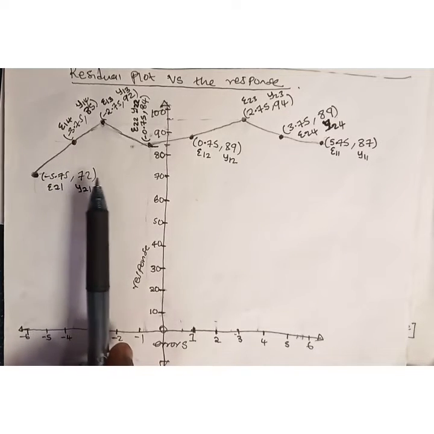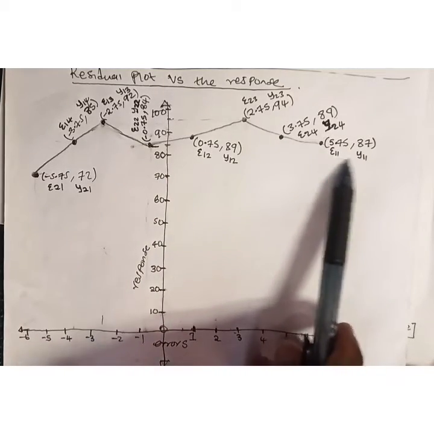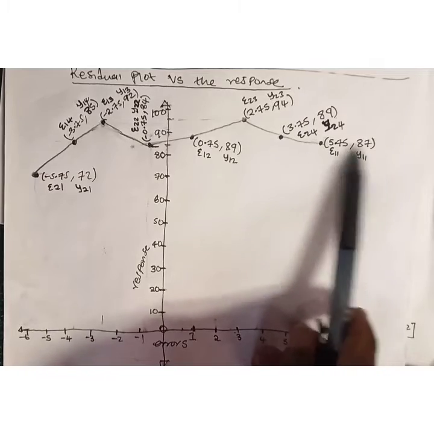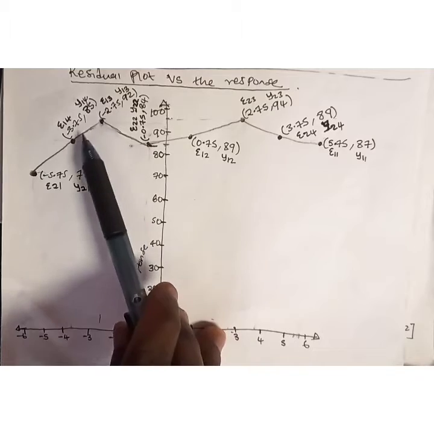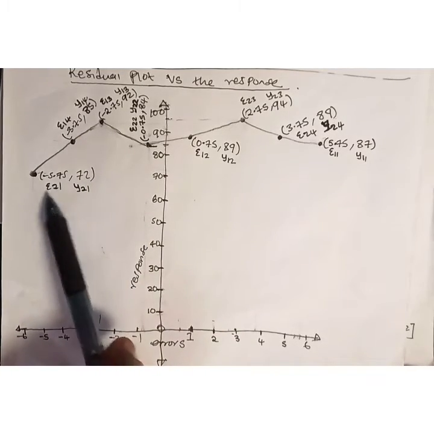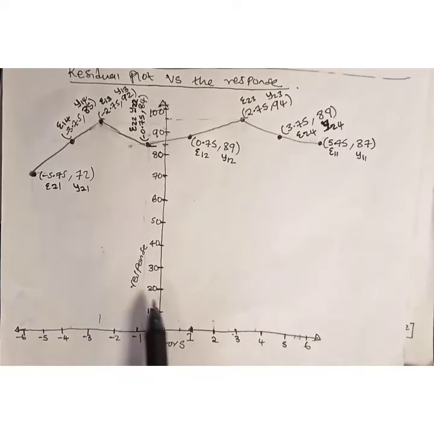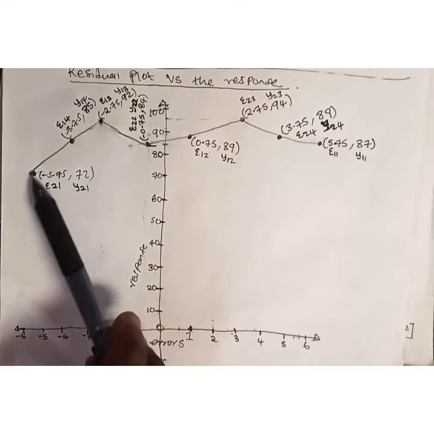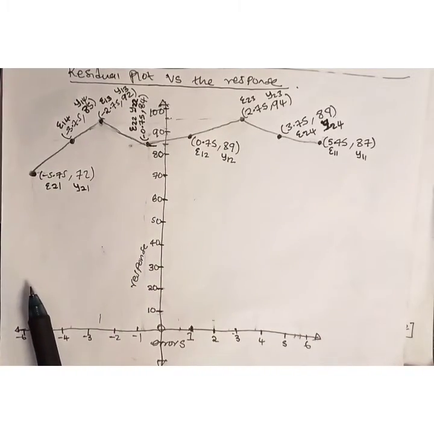I even indicated what these coordinates are. It's all about where your errors and your response meet. You just have to create a suitable interval that will cover all the errors and the responses. Then you join them, and you'll have this plot, which is our residual plot.